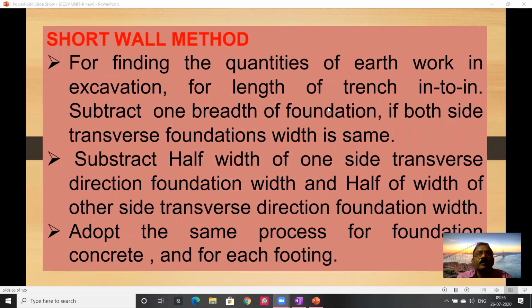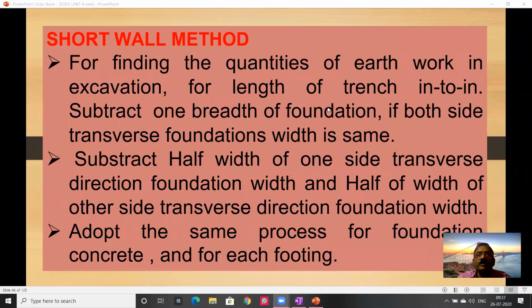For finding the quantities of earthwork excavation, what we discussed just now is for the long wall. This is for the short wall: you subtract one width of the foundation on both sides if it is the same width.